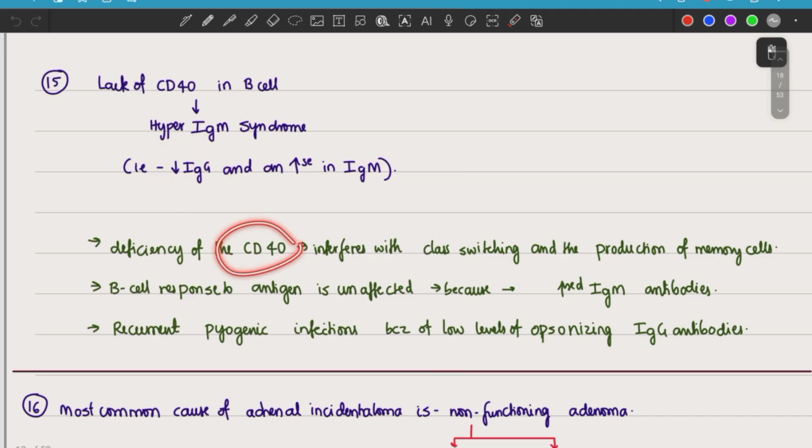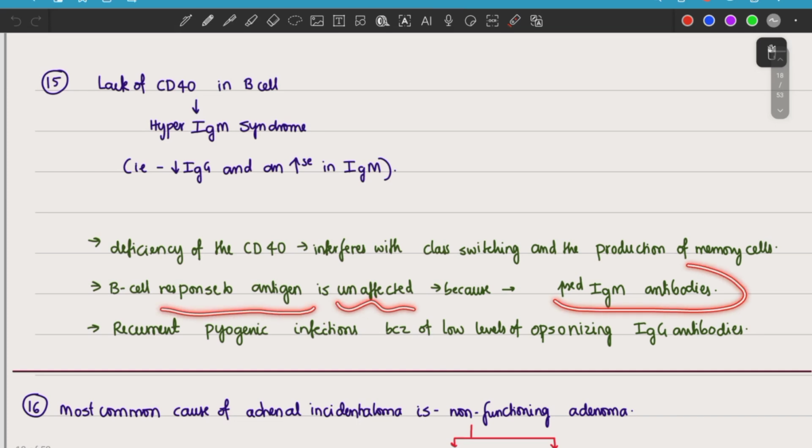The deficiency of CD40 interferes with class switching and production of memory cells. There will be a problem with class switching, and the production of memory cells will also get hampered. B cell response to the antigen is unaffected, because of the increase in IgM.